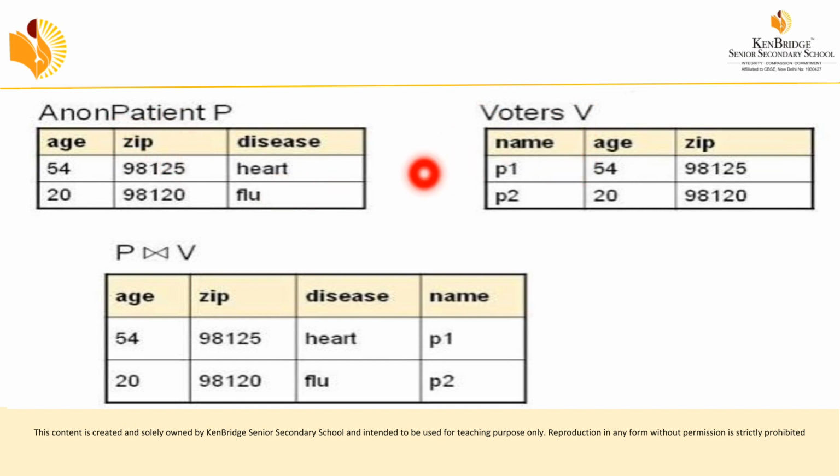That is common for both the tables. So that age and zip will be present on the display. That is the output. And here we have 54 and 20. Here also we have 54 and 20. And here also we have the same zip. So these both are same. So that will be displayed in the output. And name will be displayed according to that. Okay. So likewise the natural join will be performed.